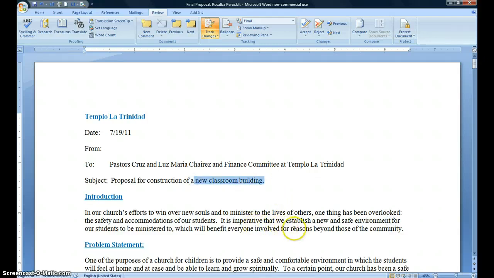So it should say it is imperative that we establish a new and safe environment by building a classroom for our students. So just add a little bit more here to give the whole proposal in a quick nutshell, so everyone can grasp what's going to happen in the proposal, and then the other parts of the proposal lay out the details.